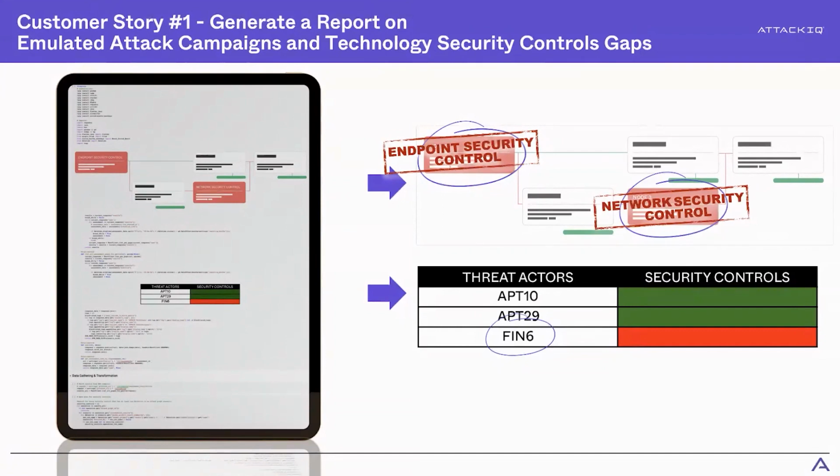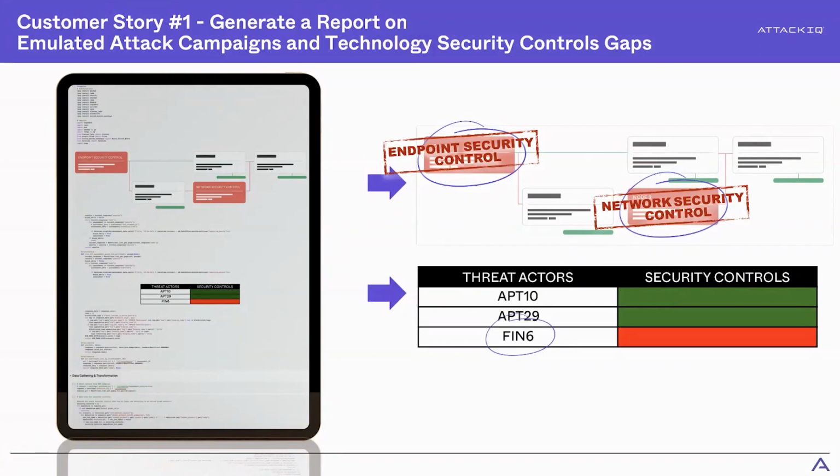The question the security team wanted to answer and demonstrate internally to the rest of the team was, if we were to emulate the various tactics, techniques, and procedures, the TTPs, of these particular threat actors, not just individual TTPs, but as an attack graph, as an attack flow, to use the MITRE ATT&CK language, how would our controls respond?